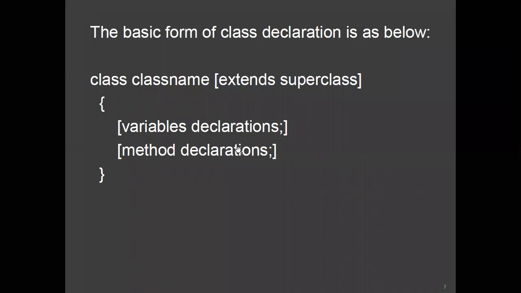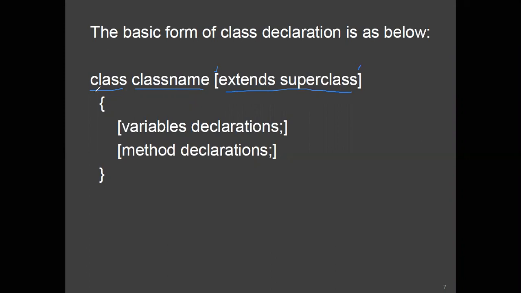The basic syntax of a class is: class, which is a keyword, then the class name, which can be any name you create. The part in the square brackets is optional.